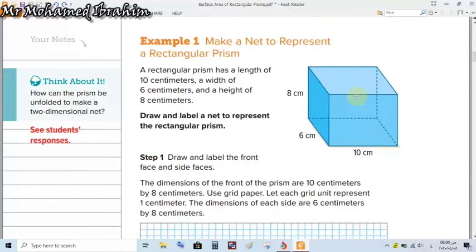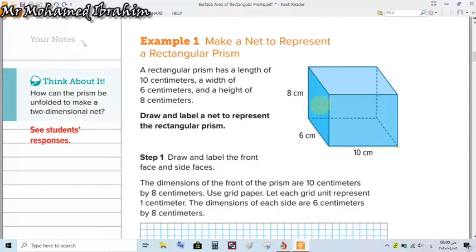Now we want to find the area of the bases, the down base and the upper base. Down base: 6 times 10 equals 60. It's the same up here. So we have 2 times 60, 2 times 48, and 2 times 80.